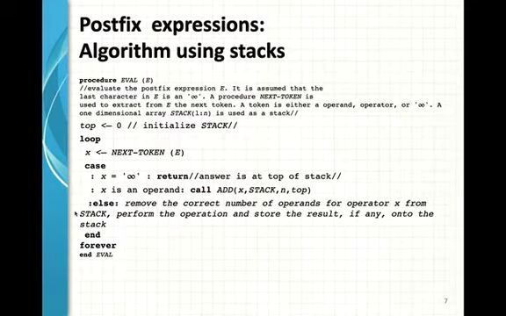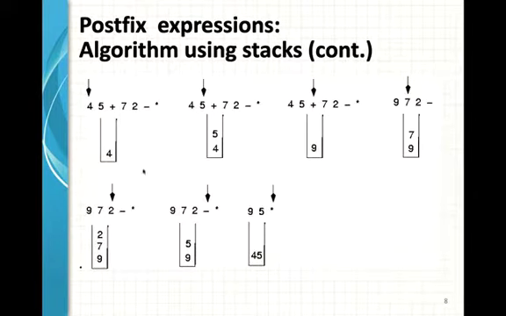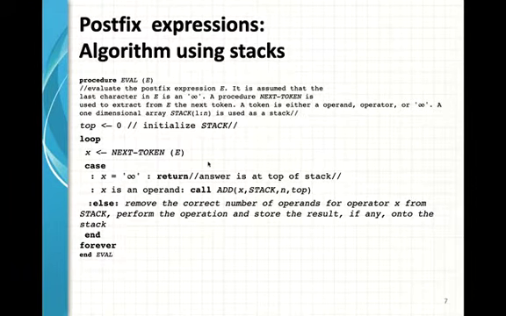Since it is forever, I will go here again, and the next token will be retrieved, and again all three conditions will be checked until infinity is reached. By doing these three operations again and again, we will reach a time when the pointer reaches infinity, then the stack top value is returned. The answer is at the top of the stack.